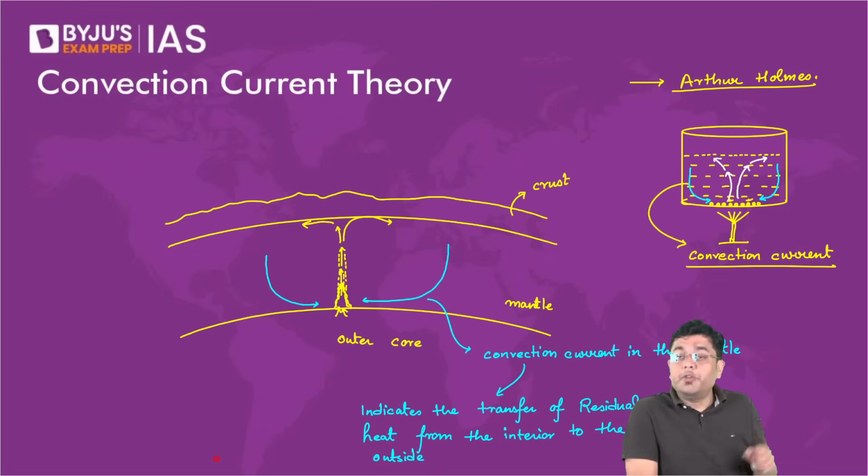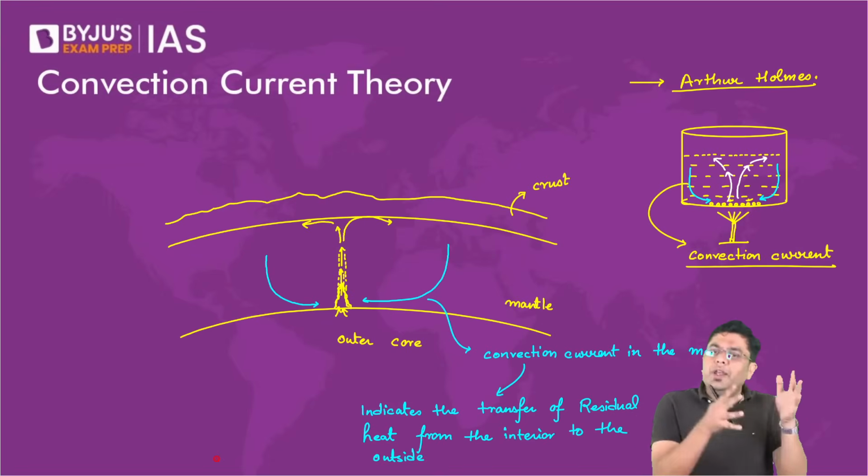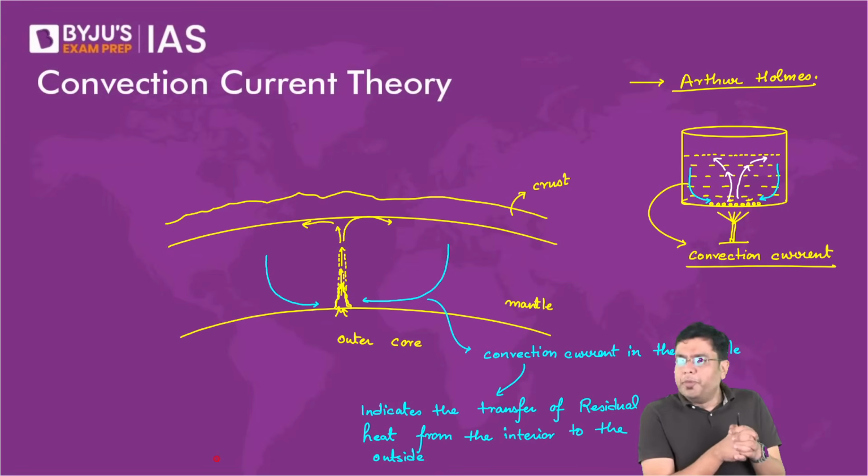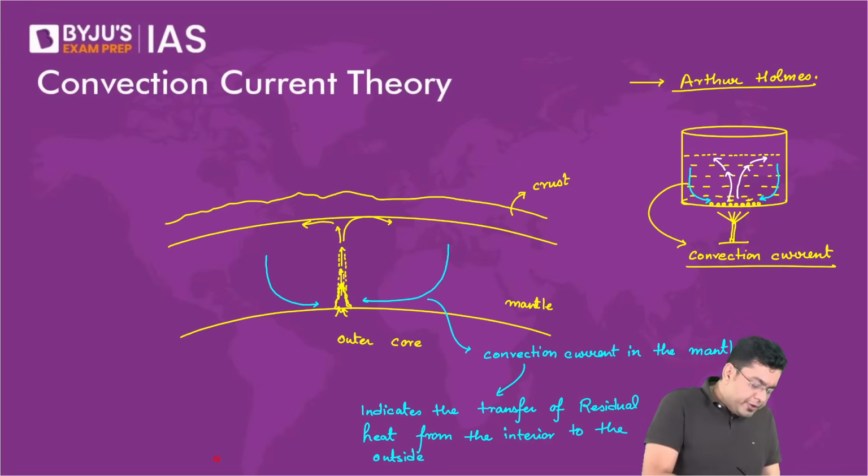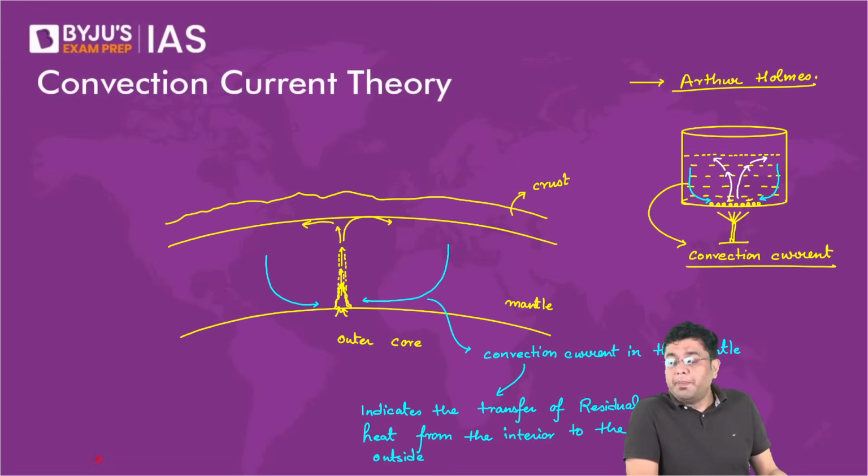The mantle experiences an increased amount of heat in certain areas due to the residual heat which is emitted from the region of the outer core. That is the source of heat which is provided to the mantle.